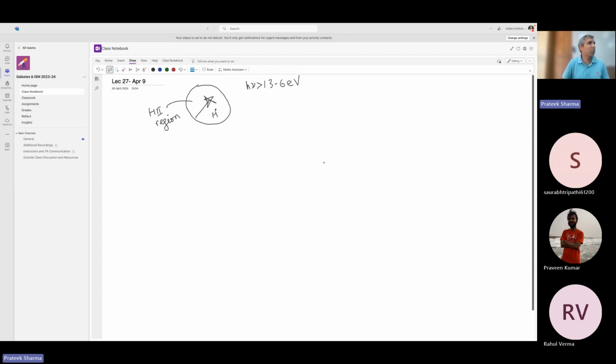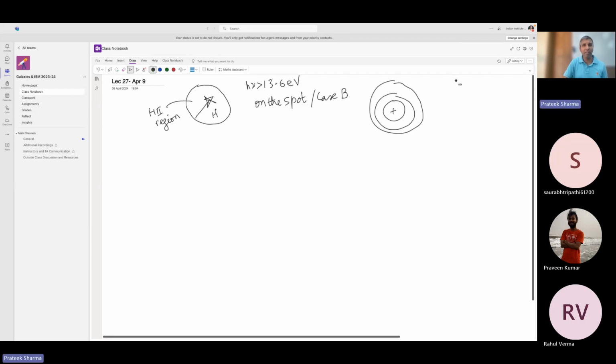The other thing that we talked about was this on-the-spot approximation, or case B recombination, in which we say that if you have hydrogen, effectively all these recombinations which happen from a free electron going to the n equal to 1 level, these photons have a very short mean free path.